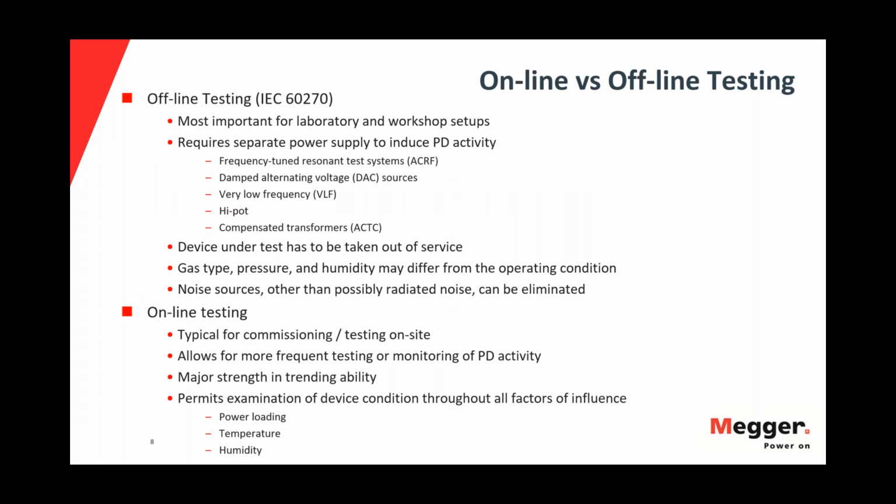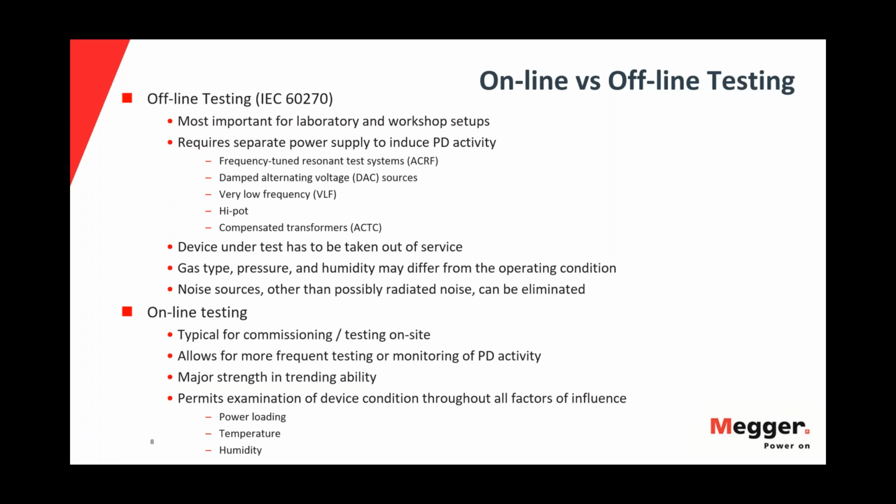Okay, so a quick note regarding online versus offline testing. IEC 60270 mostly defines offline testing. It is very important for laboratory and workshop setups, and it requires a separate power supply to induce PD activity.